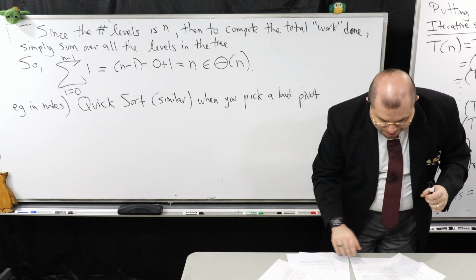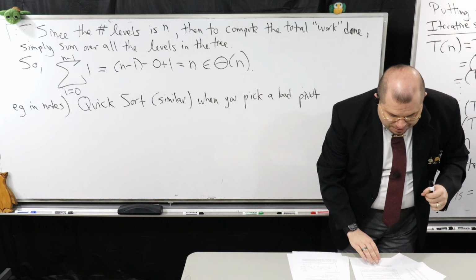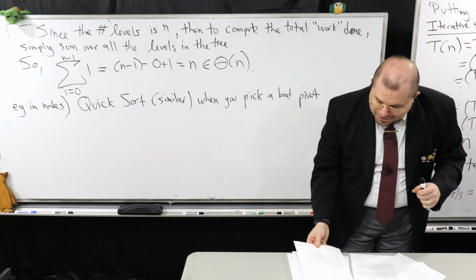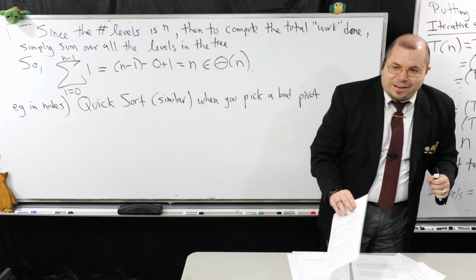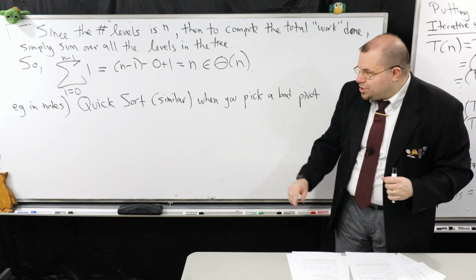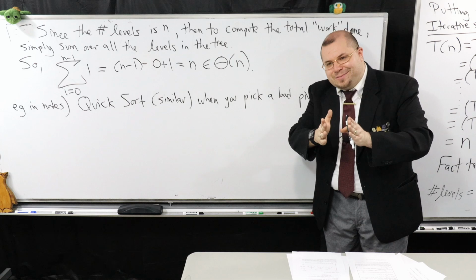I want to switch gears to another example that is a little bit trickier, because I think it's important that you see a tricky one. I do have another example that shows you what happens when you select the good pivot, the one that is always the median.